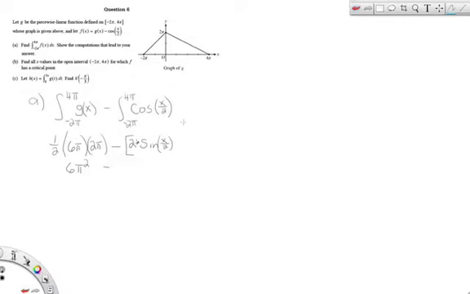So let's check that. I take the derivative of sine of x over 2, I get cosine of x over 2 times the derivative of the inside, which is a half, which cancels out my 2, and we're good.